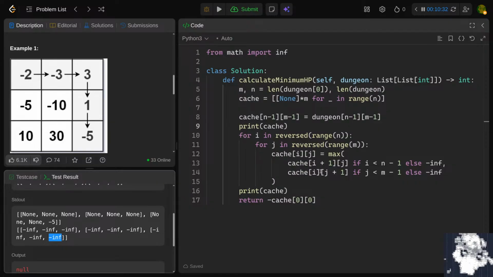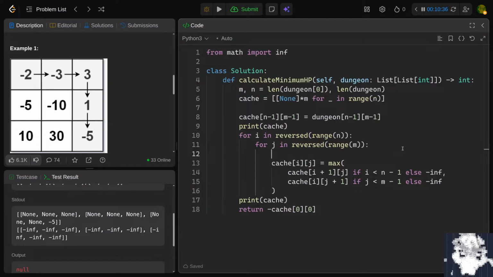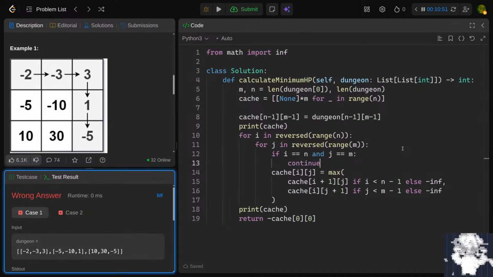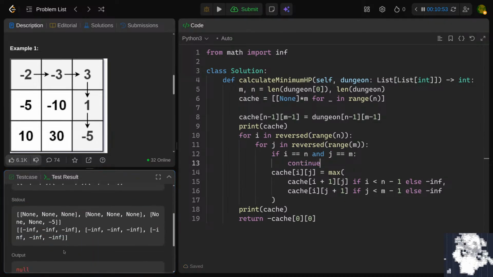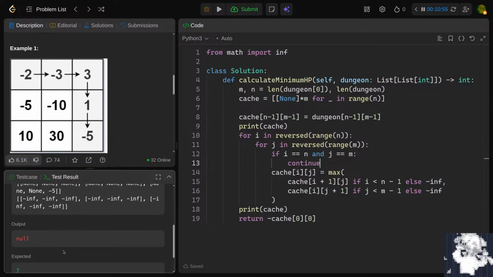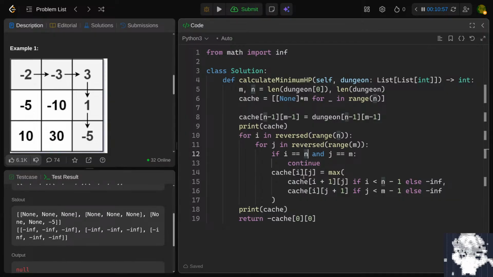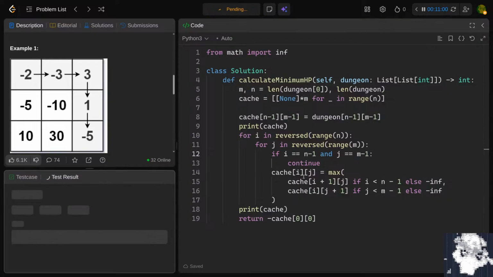Oh. Because I don't actually want to overwrite that one. If i equals n and j equals m, continue. n minus 1, m minus 1.